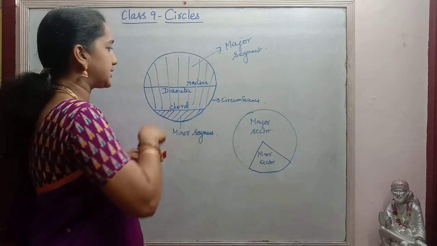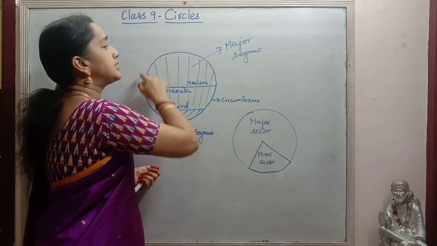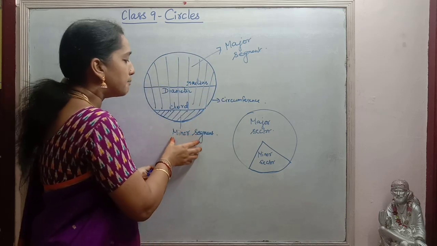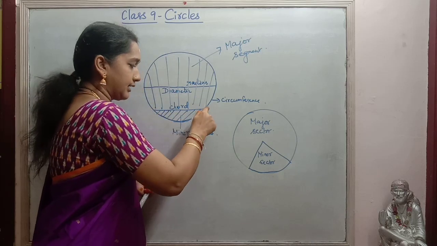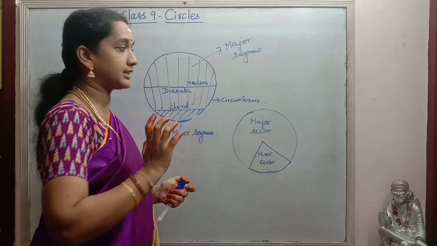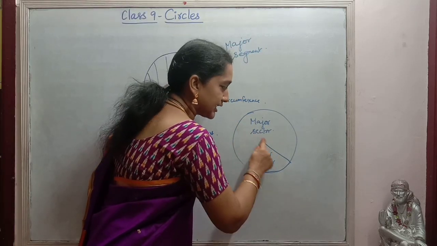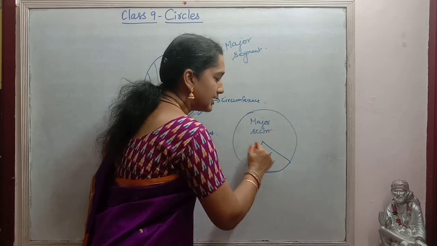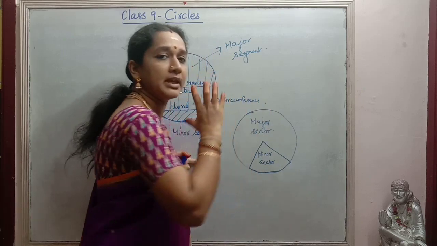Okay, so this is the center, radius, diameter, chord, circumference of the circle. The chord and the arc form the minor segment, and the remaining area is the major segment. The region between two radii and the arc is the minor sector, and the remaining area is the major sector.